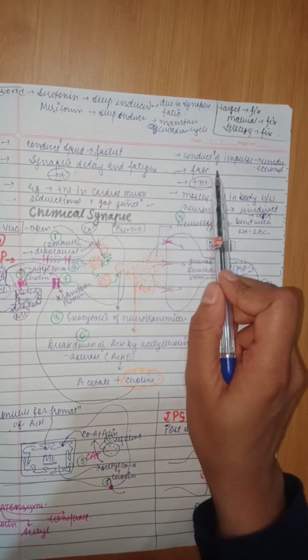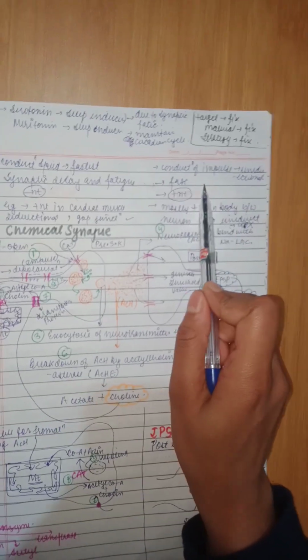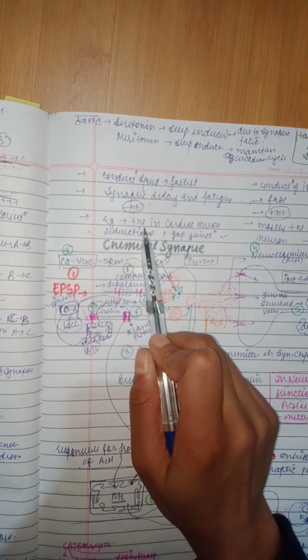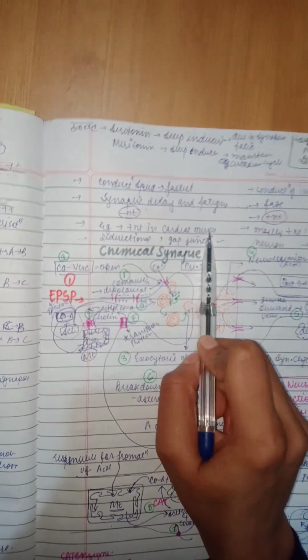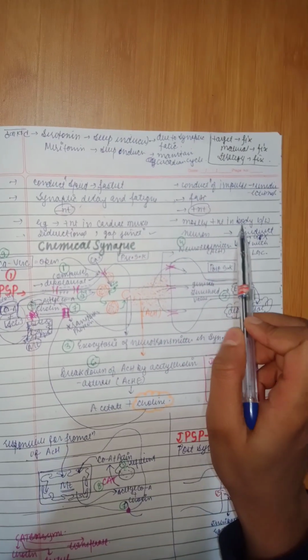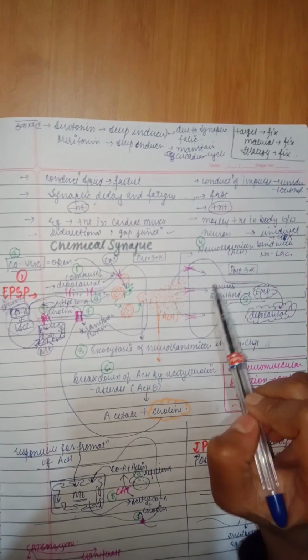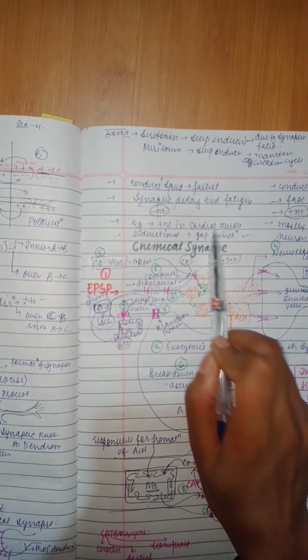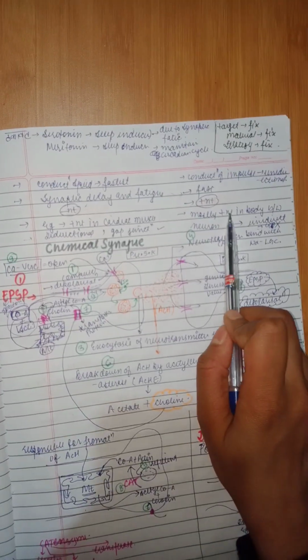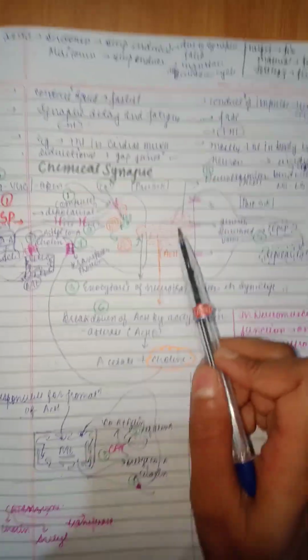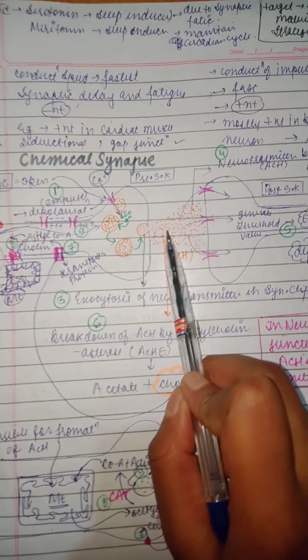An example of the electrical synapse is in cardiac muscles, while the chemical synapse is mostly present in the body between the neurons. The gap junction is present in the electrical synapse, while the chemical synapse does not contain any kind of gap junctions. This is the diagram of the chemical synapse.